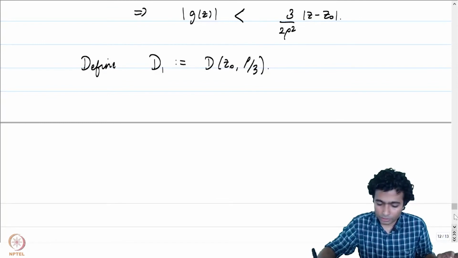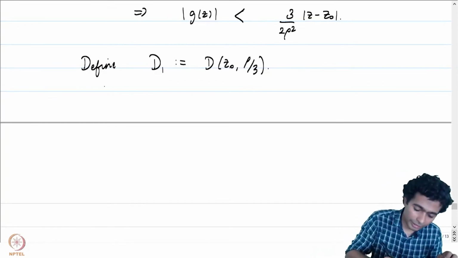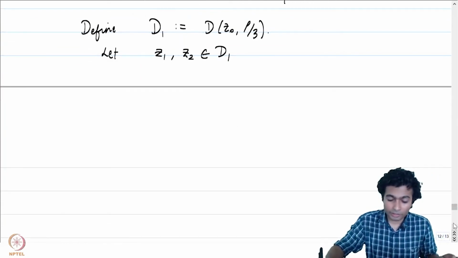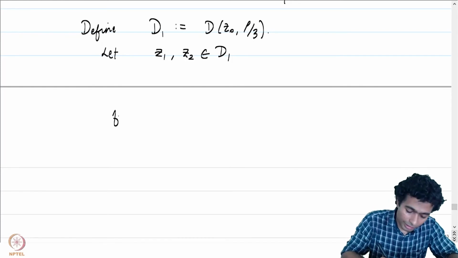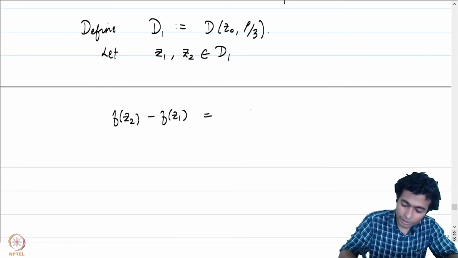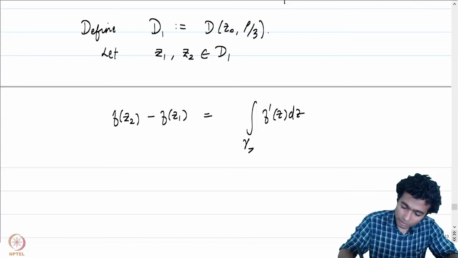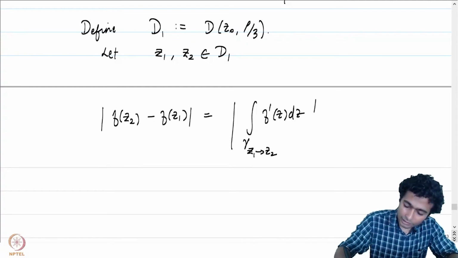And if you observe on D1, let Z1 and Z2 be 2 points. Then by the fundamental theorem of calculus, f of Z2 minus f of Z1 is just going to be equal to the integral of f prime of Z dz over gamma Z1 to Z2, the straight line path. The absolute value will be like this.